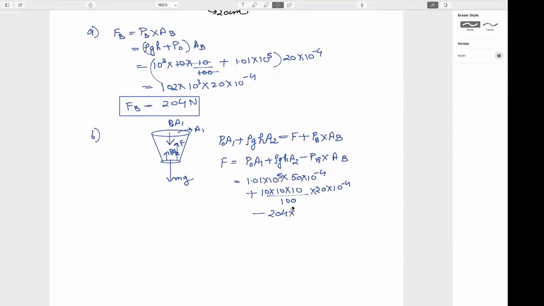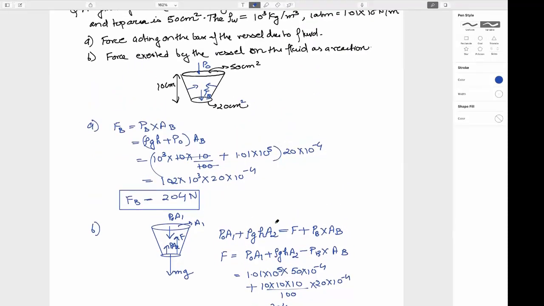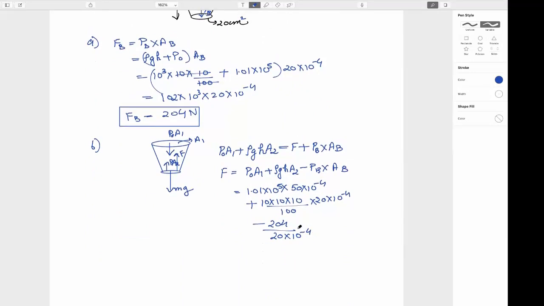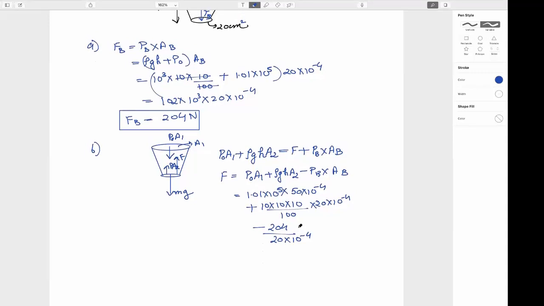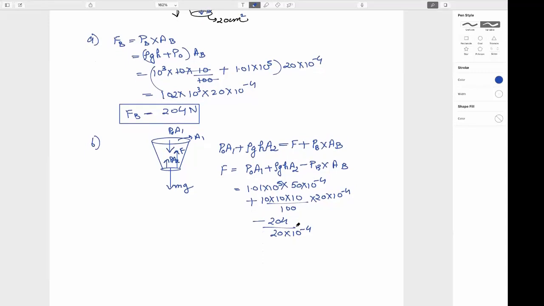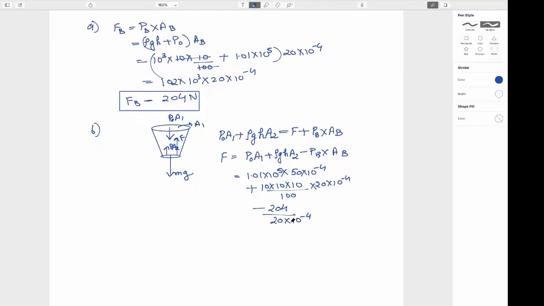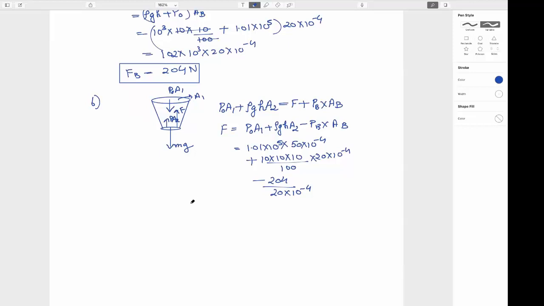Pressure is force divided by area, that is 204 by A2. A2 is 20 into 10 to the minus 4. Okay. But it's nothing but P naught plus rho GH. So this is the same stuff without area. So 102 into 10 to the 3 will come.